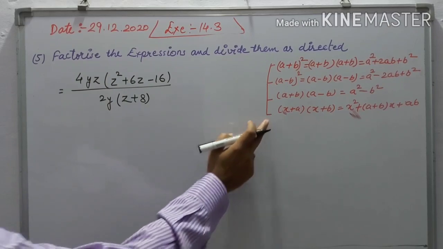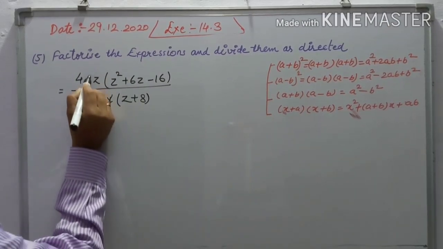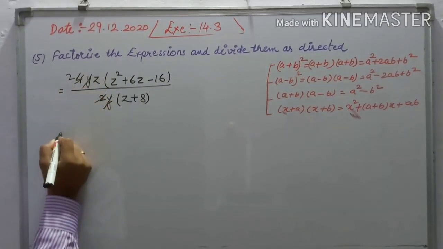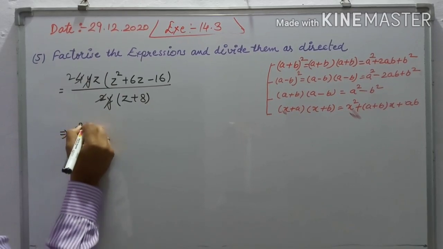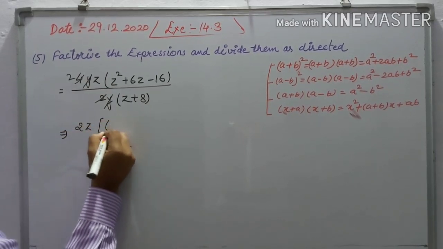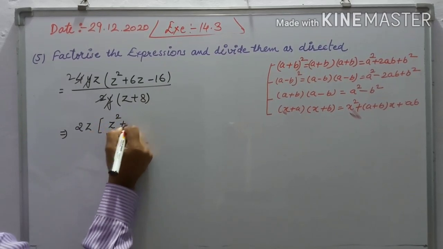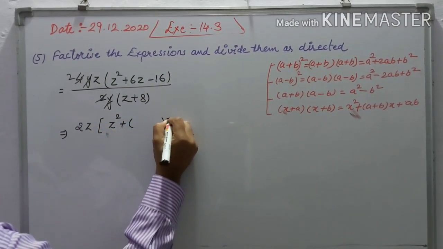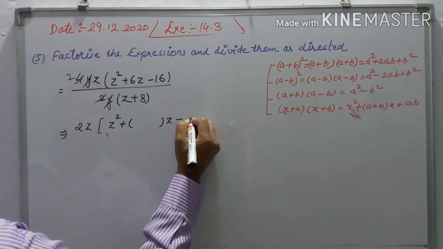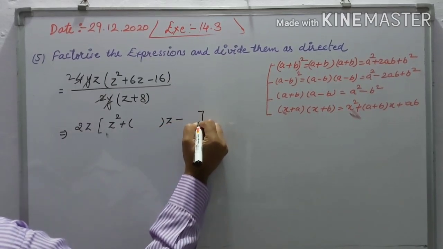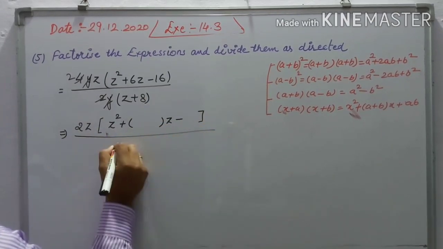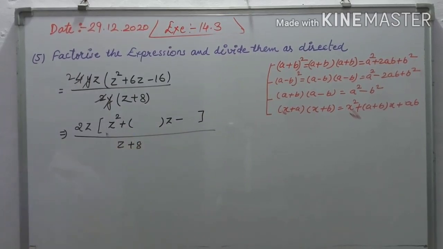First we cancel y with y, and 2 with 4, so remaining is 2z, and in the bracket z² plus two terms that will be factors, minus 16, upon z + 8.